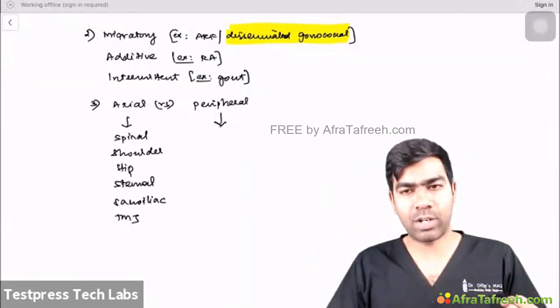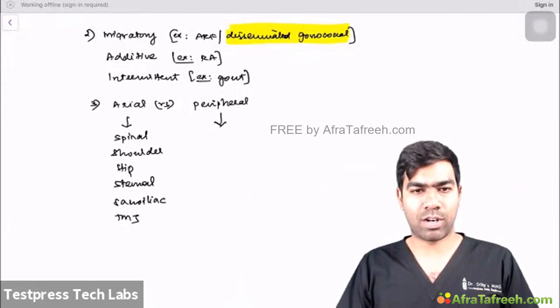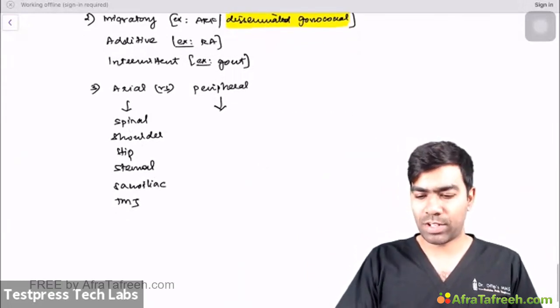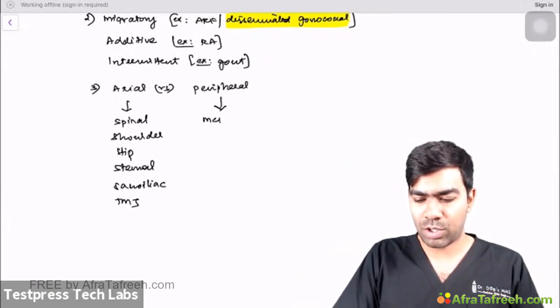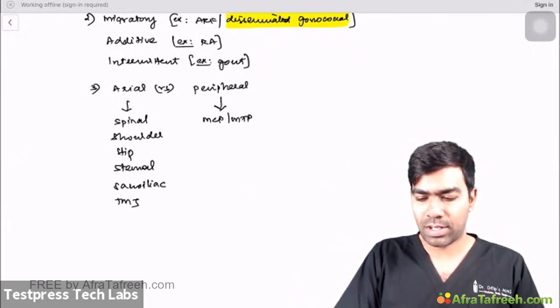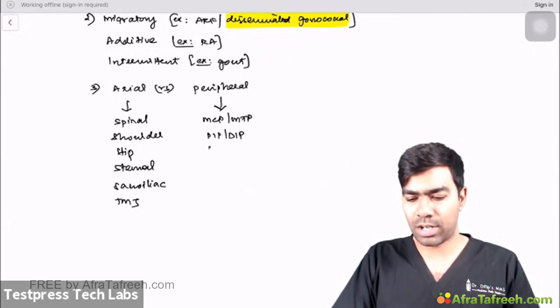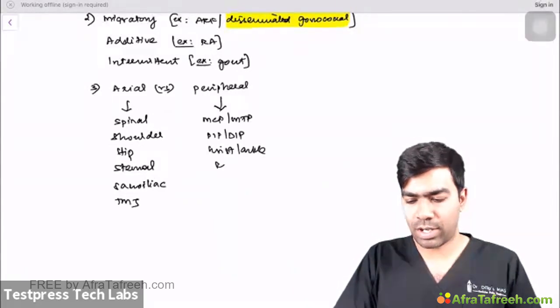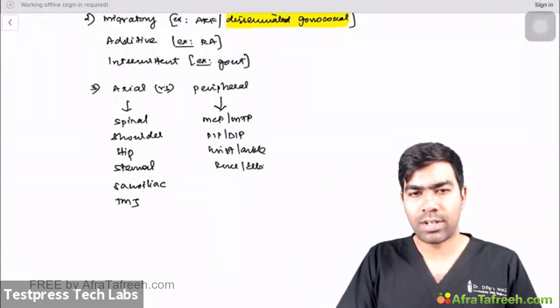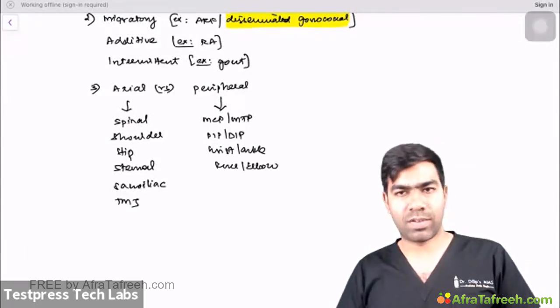Examples of peripheral joints from distal to proximal: MCP joints, MTP joints, PIP joints, DIP joints of both upper and lower limbs. Then you have the wrist joint, ankle joint, knee joint, elbow joint. Very characteristic examples of peripheral joints.